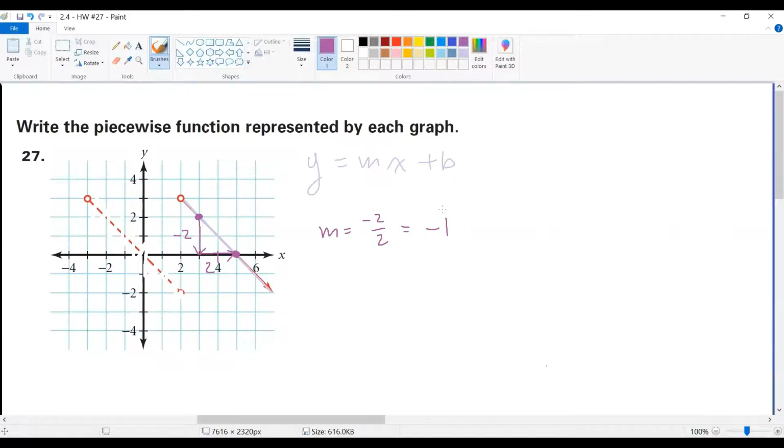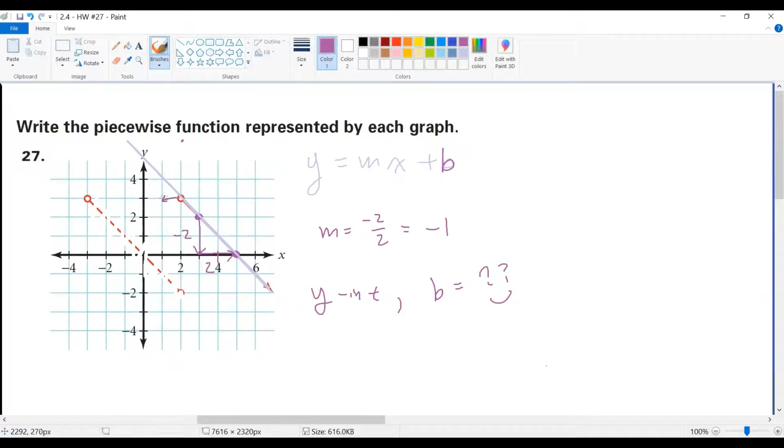The next thing we want to do is find our y-intercept. For this one, our y-intercept is going to be a little bit more tricky, because we don't know that our graph intersects the y-axis, unlike our other one. So what we can do is extend this line out and use our slope counting backwards to figure out where our intercept is.